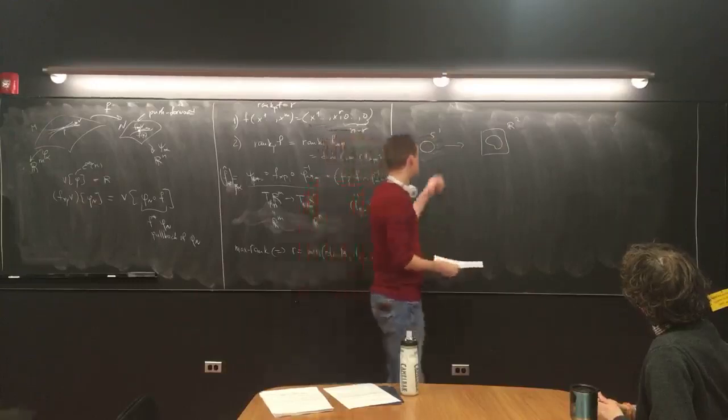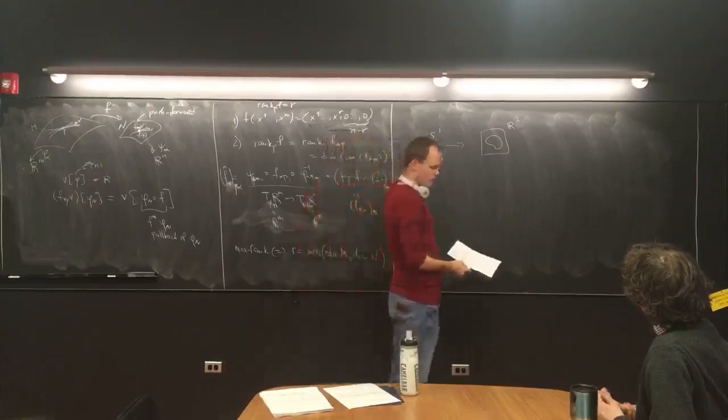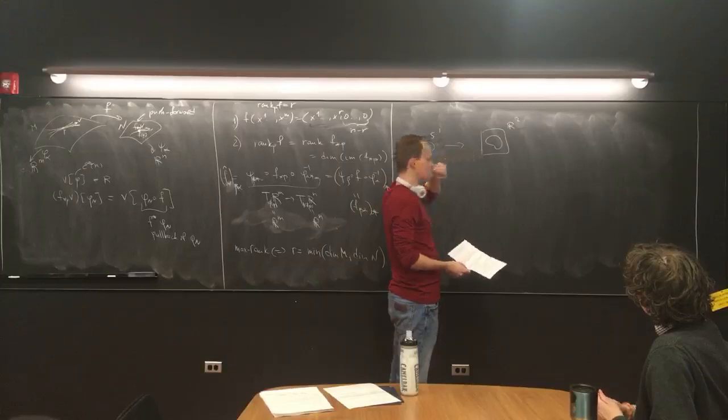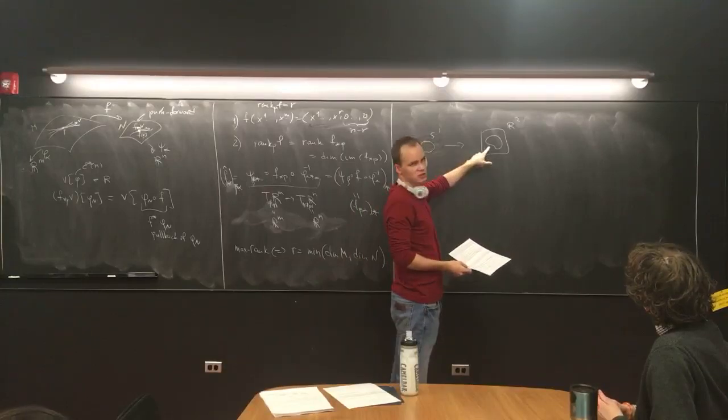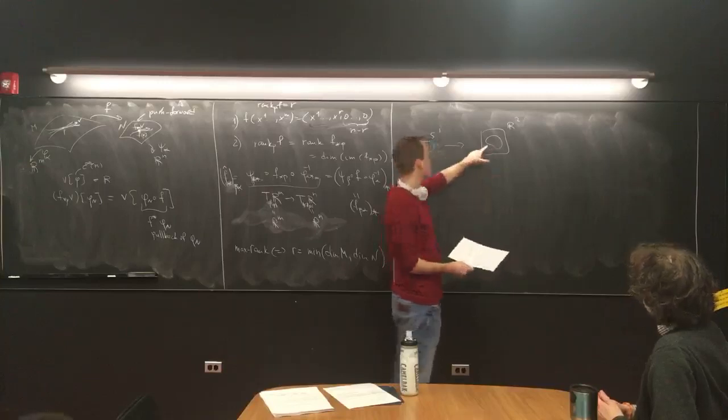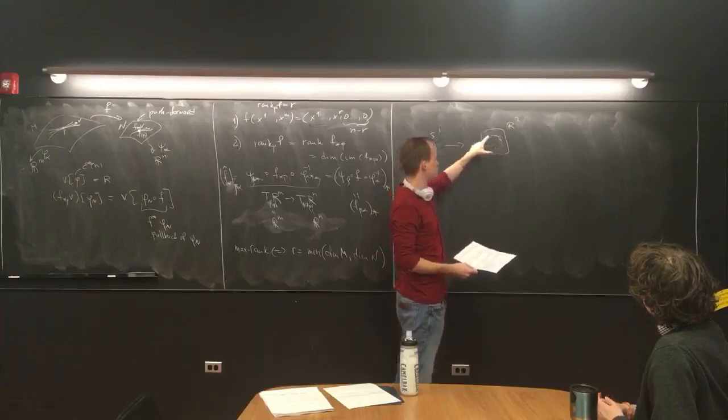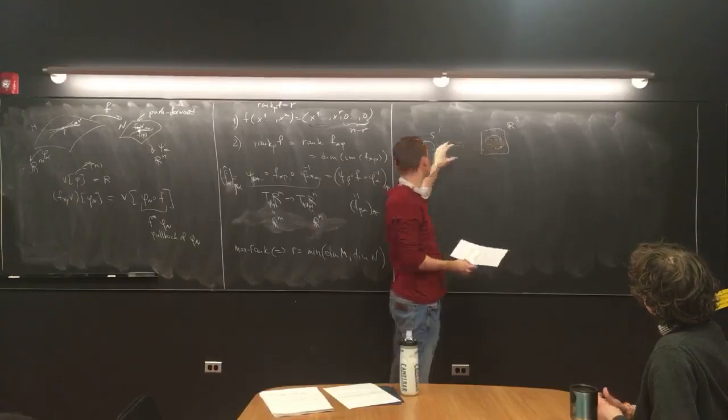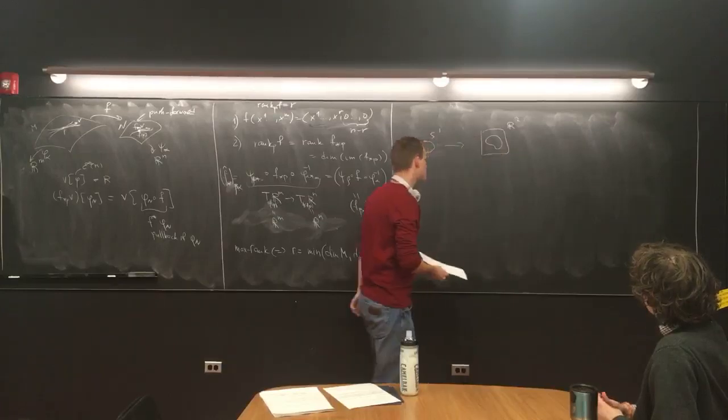That's going to be a topological embedding, which by definition is a continuous map which is injective, and it's a homeomorphism onto its image. So the topology that's induced on the circle here as a subset topology from R2 has to be the same as the original topology on this S1 here.